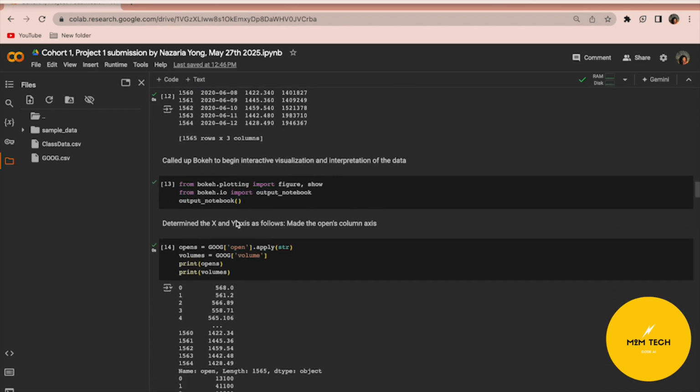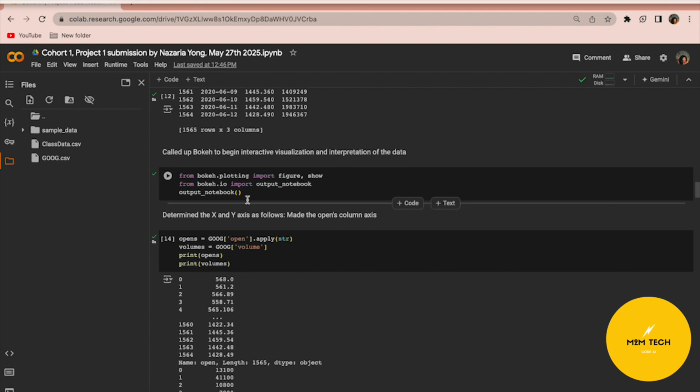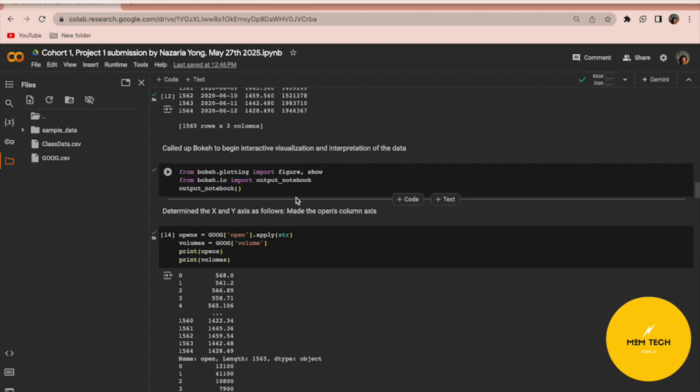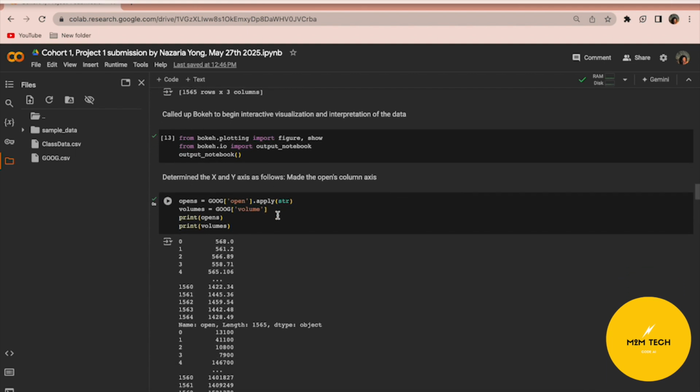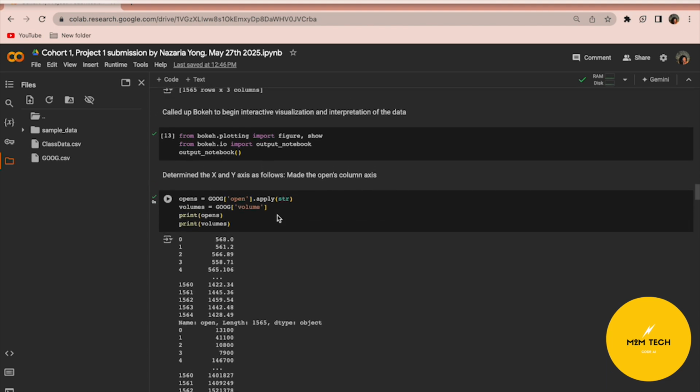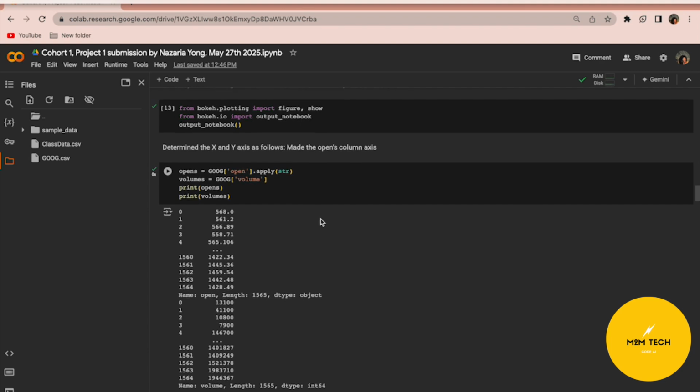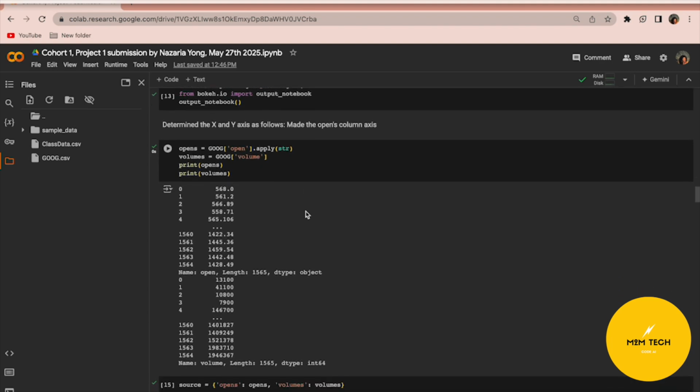In order to begin my interactive visualization, I set up Bokeh as follows, and I called up the notebook. But first, I determined my X and Y axis. So I wanted to use the open and the volume data to see if the volume of stocks purchased depends on the opening values.